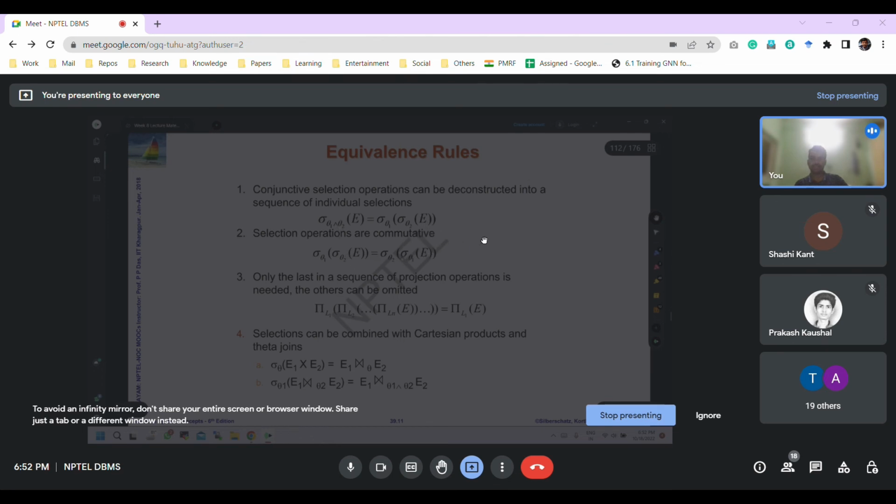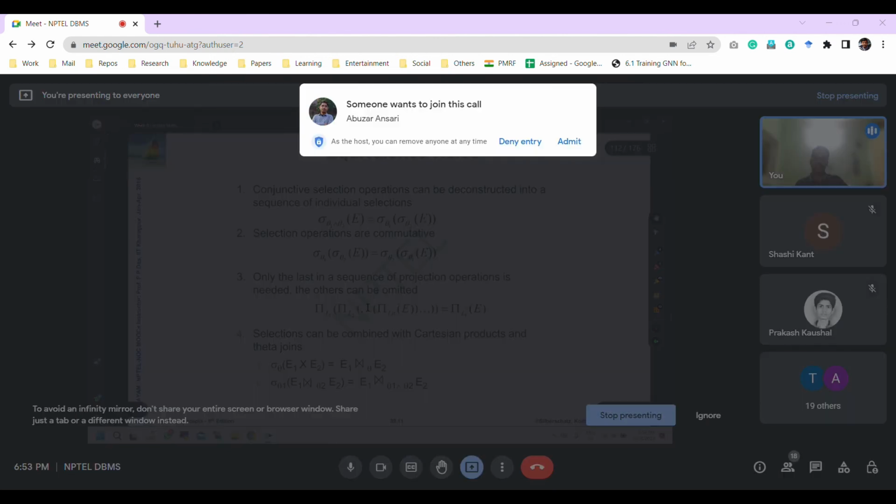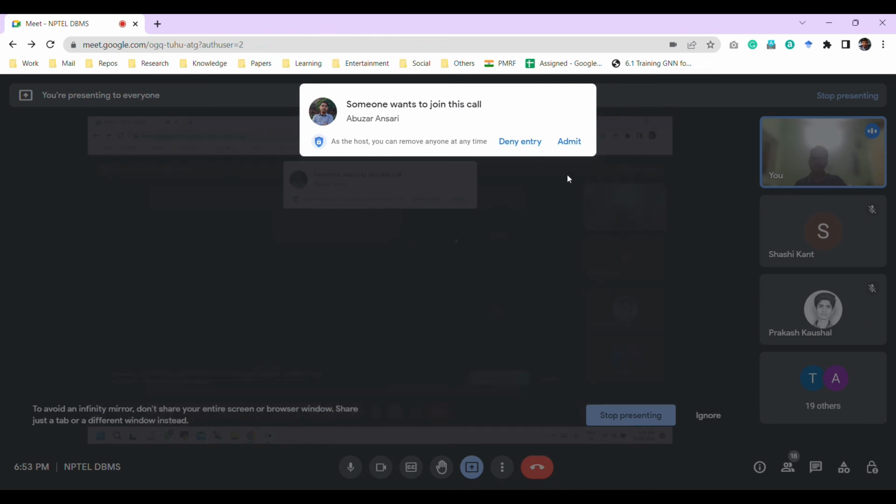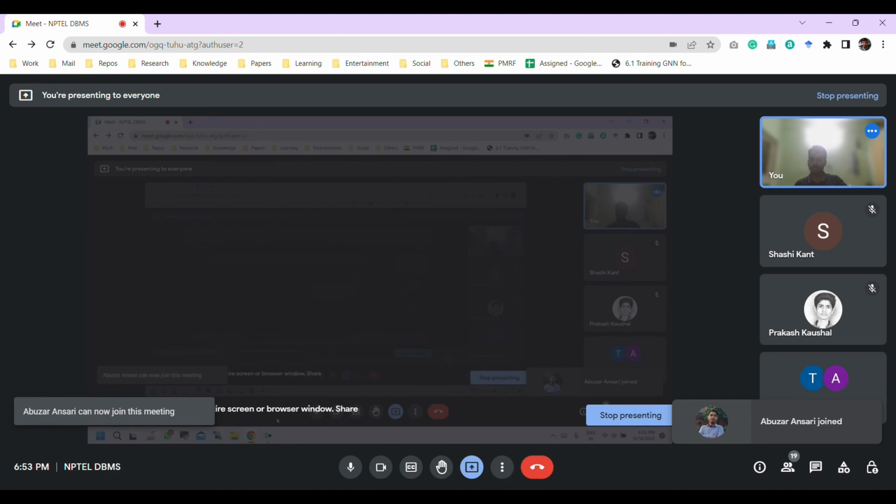And we can also interchange between these two. And if there is a projection operation nested one after another, then the outermost operation is the final result that we get.